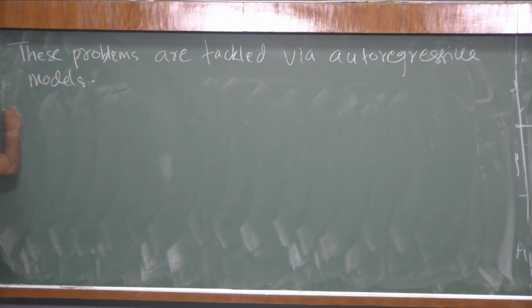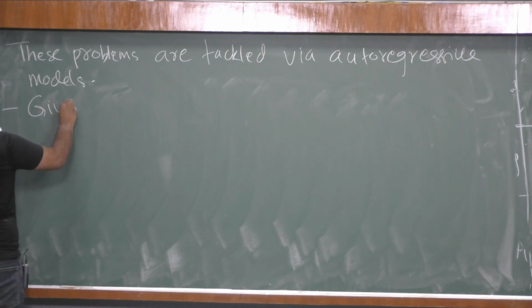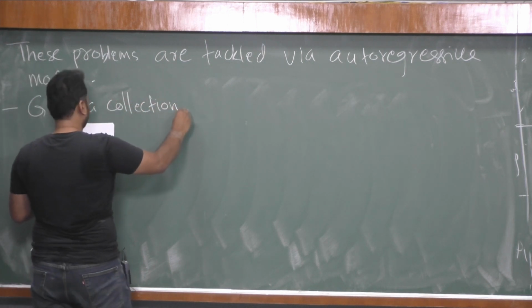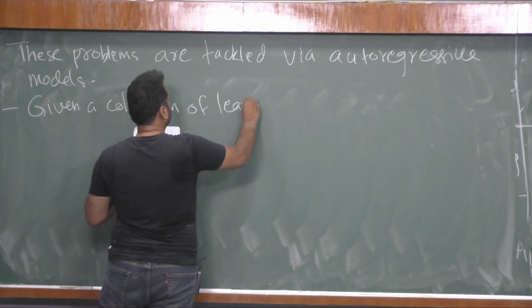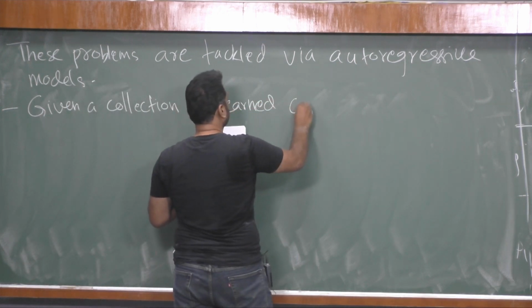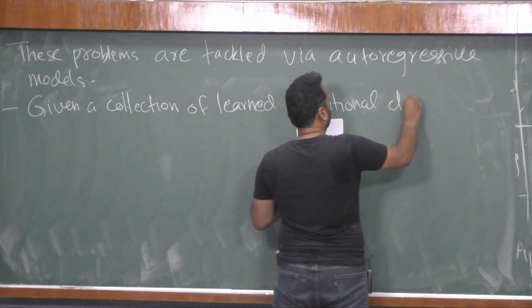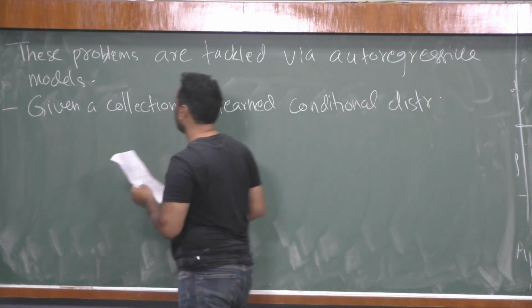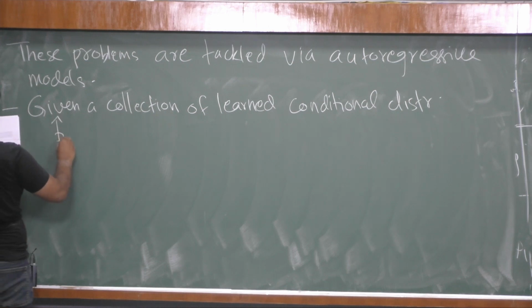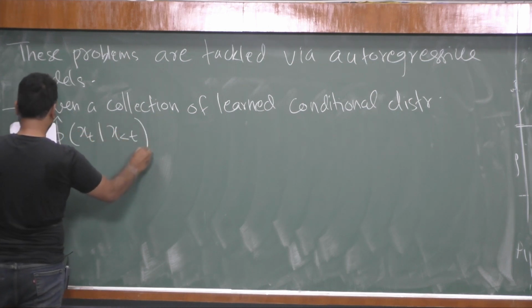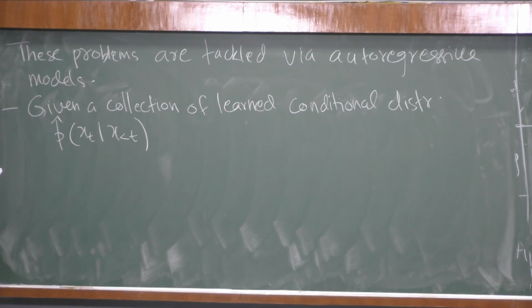So given a collection of learned conditional distributions p hat of xt given x less than t.